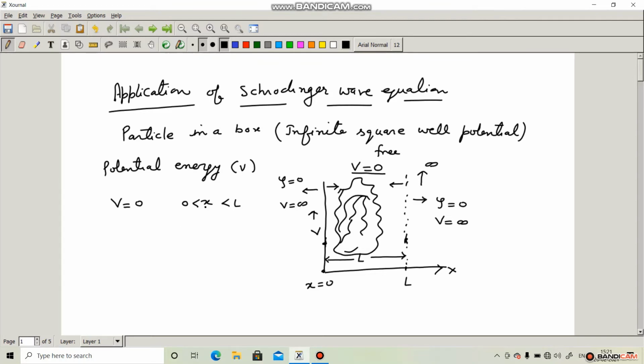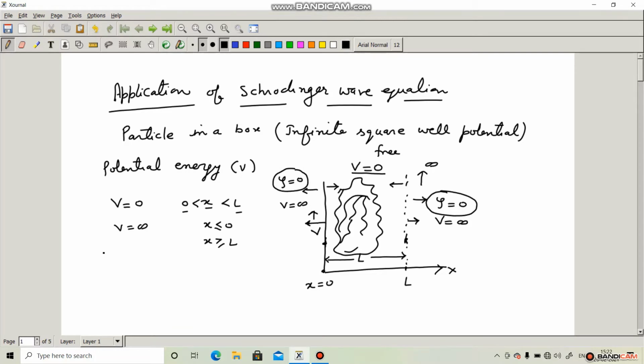V equal to 0 when x is greater than 0, less than L, and V equal to infinite when x is less than or equal to 0 and x is greater than or equal to L. In this direction and in this direction, potential energy is infinite, or we can say wave does not exist. It means wave function is equal to 0 outside the box.